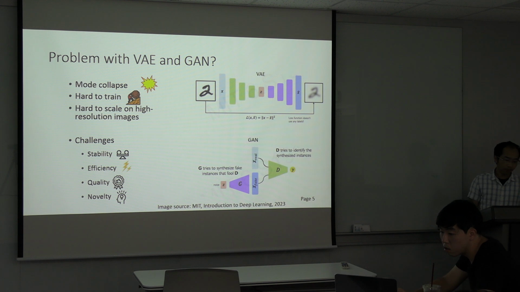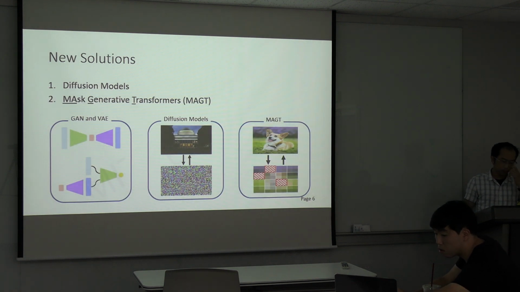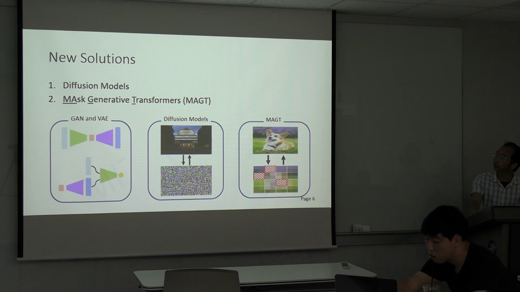So it motivates researchers to develop new techniques that can be trained more easily and prevent mode collapse. Two solutions have emerged recently: diffusion models and the Mask Generative Transformer.